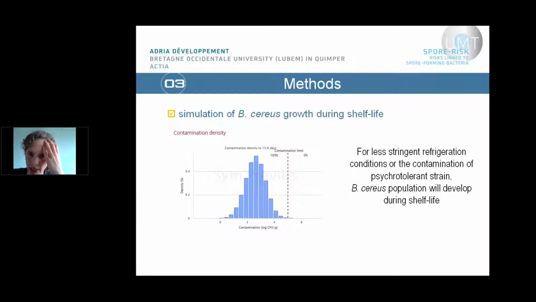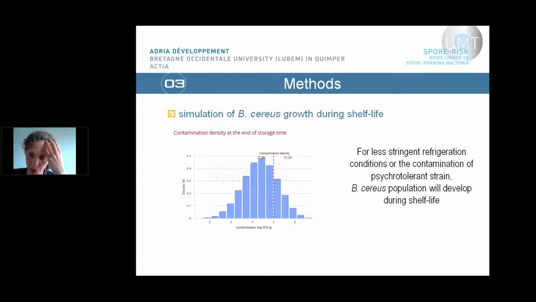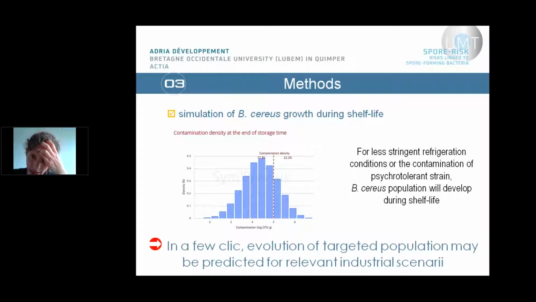And you see that this population is evolving, and at the end of storage the result is completely different. If I cannot ensure refrigeration conditions, or if I have contamination with a psychrotrophic strain, then my scenario is completely different. And in a few clicks, these decision-making tools enable us to see and to predict the evolution of the targeted population for different relevant scenarios.